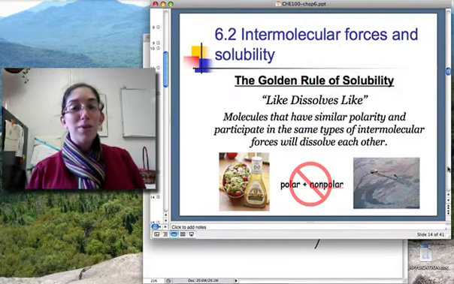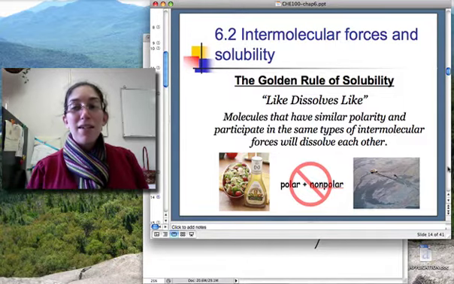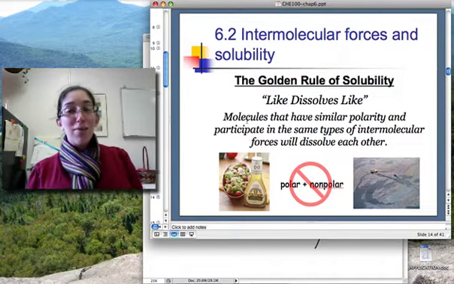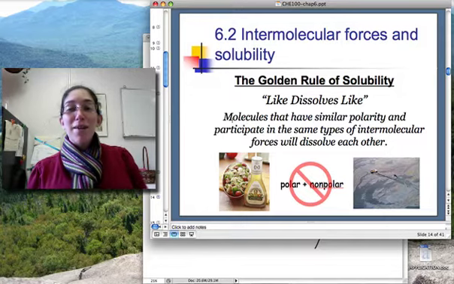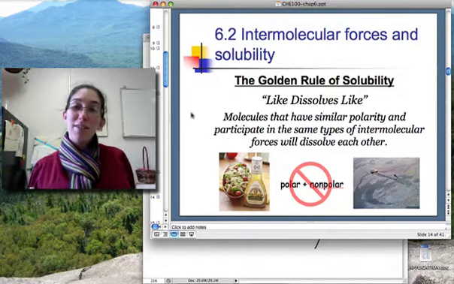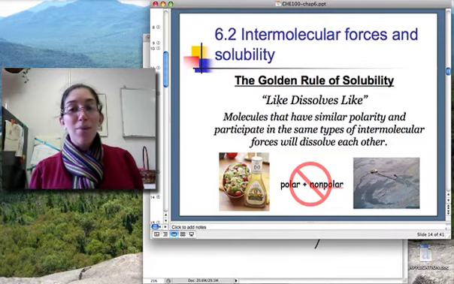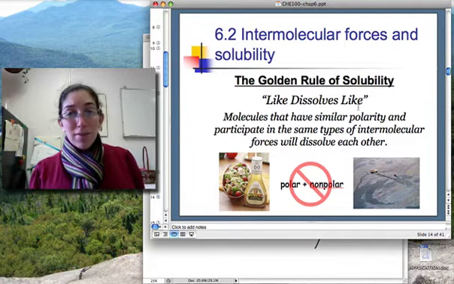And the golden rule of solubility is like dissolves like. Now, what does that mean? It means that molecules that have similar polarity, and therefore participate in the same types of intermolecular forces, will dissolve each other. That's what like means, like polarities. So polar molecules dissolve other polar molecules.